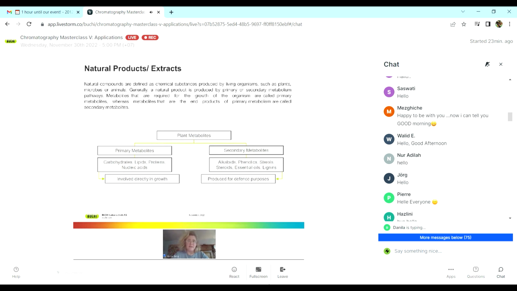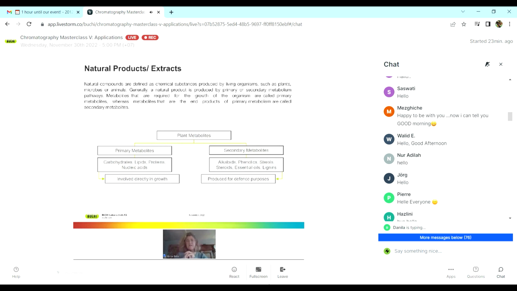As you can see here on the picture, the primary metabolites, which can be carbohydrates, lipids, proteins, nucleic acids, are involved directly in the growth of the organism. And the secondary metabolites, that can be alkaloids, phenolics, sterols, and so on, are produced for defense purposes.